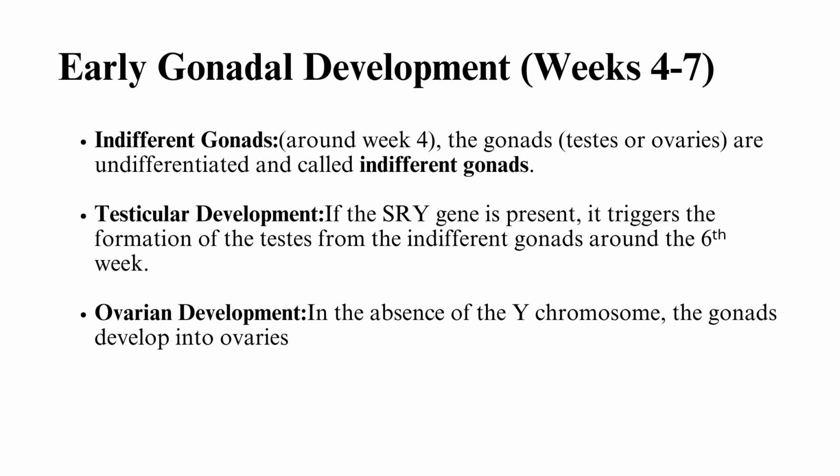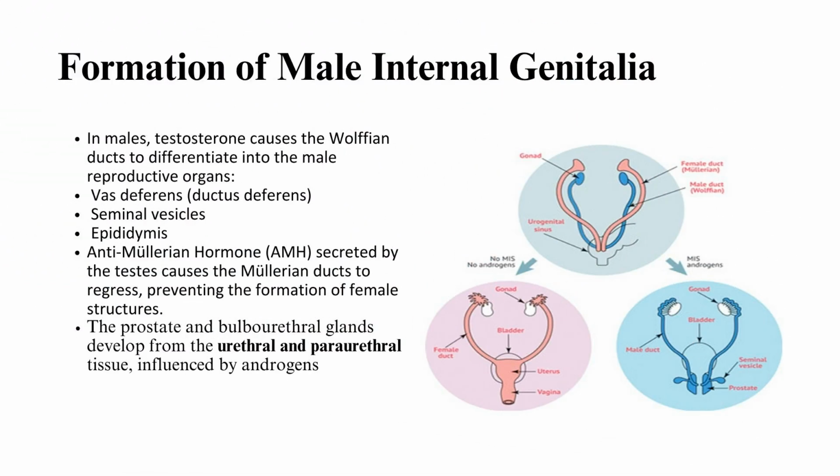The testes begin to develop around week 6, and by week 7, they produce testosterone, a key hormone that influences the development of male genitalia. Ovarian development: in the absence of the Y chromosome, the gonads develop into ovaries, and female reproductive structures begin to form.